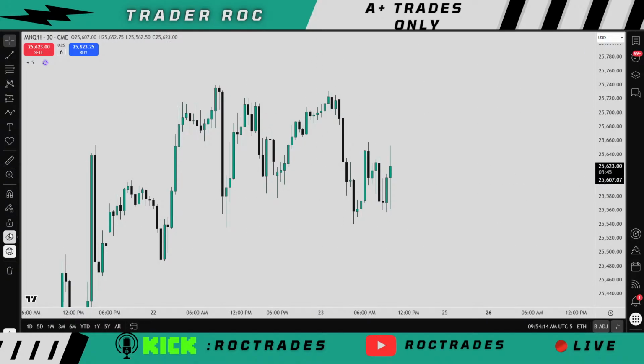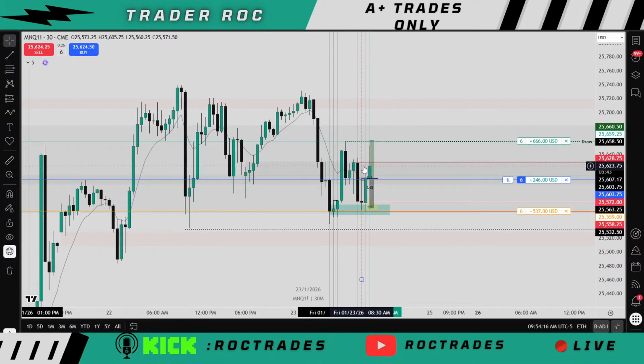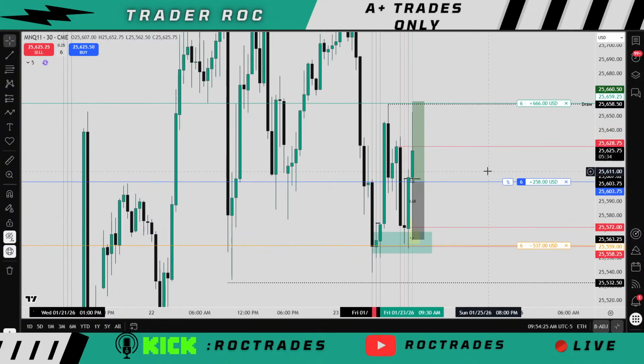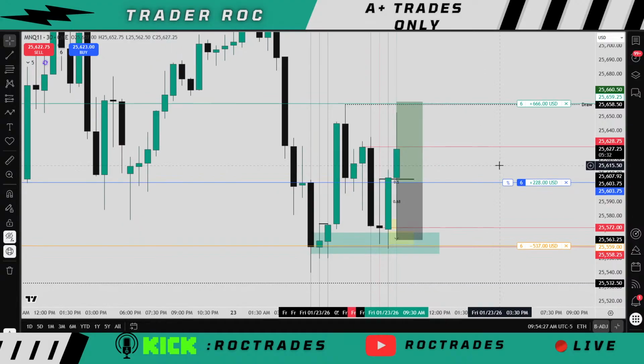Not a terrible move right now. I'm just looking for some consistency higher with a strong 30-minute closure. So I really don't want to watch the lower time frame. I want to see how this higher time frame candle unfolds.